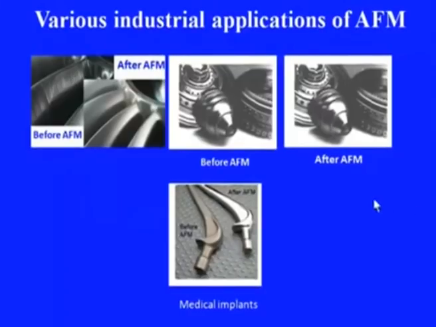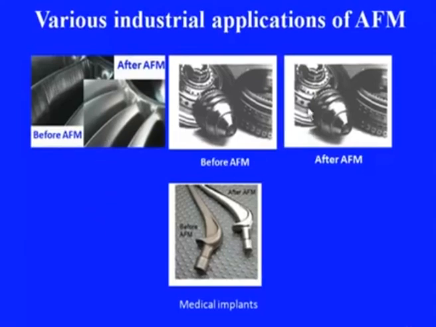Here are a few components that can be finished using abrasive flow machining. This clearly can be seen: this was the raw material and this is the surface after machining using this process. This looks very fine.